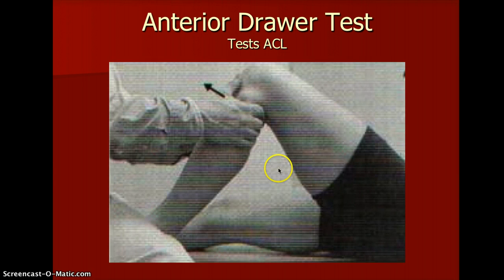The next test is the anterior drawer test. Here you have the patient with the knee bent. Well, first they're supine, so they're laying on their back. The knee is bent to about 45 degrees of flexion. The examiner is putting their thigh over their foot to stabilize the whole tibia, and then they have both of their hands grasping from the posterior knee, and then they're giving an anterior force, so they're pulling the tibia anteriorly.